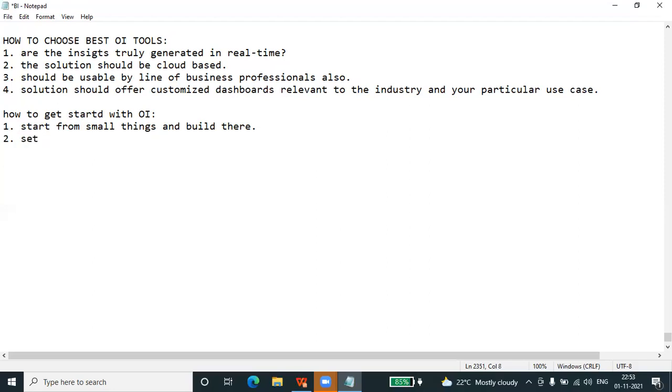Set up the KPI. You need to identify quantitative terms, specific KPIs for what your operational intelligence solution is being designed to improve.